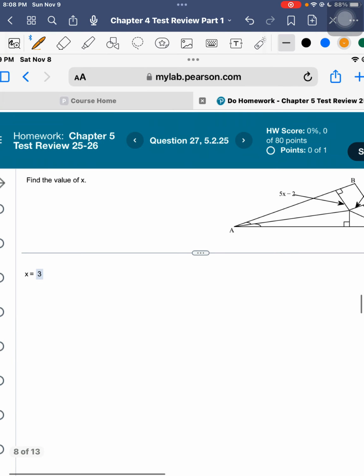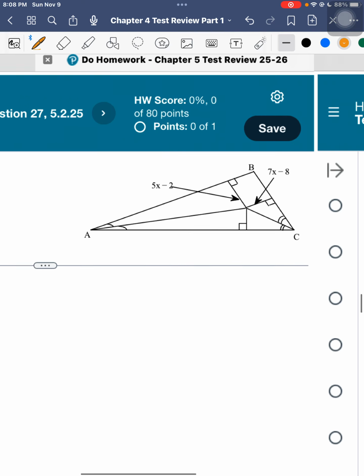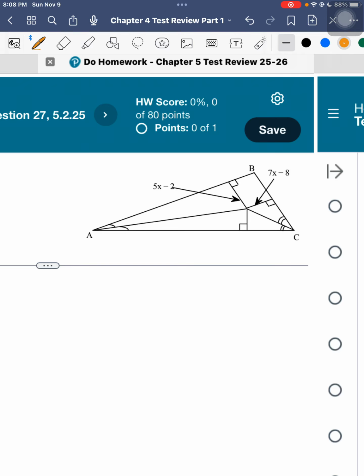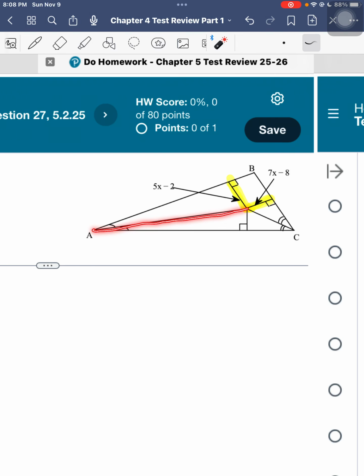Okay, so find the value of x. If we take a look at question 27, what is the value of x? Well, it's pointing to this segment and this segment. So I have to figure out what is special about them. I can see that these are two angle bisectors and they meet at one point.